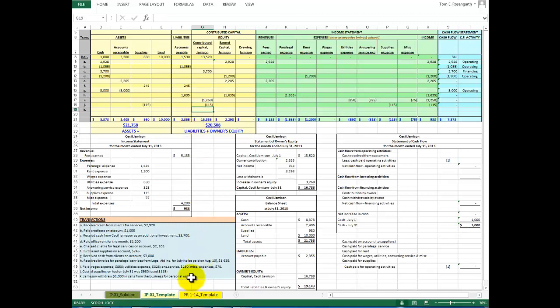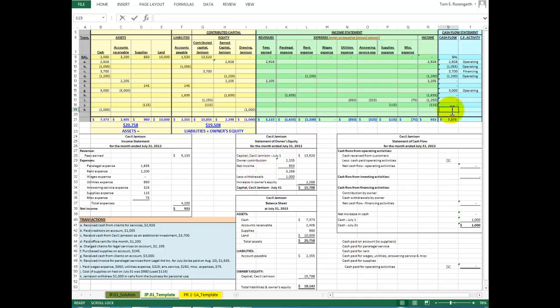And finally, at the end of the month, Cecil withdrew $1,000 in cash from the business for his personal use. So the cash decreased. In this case, Jameson would have withdrawn the money and the business didn't perform a service or receive a good, and so this is logged in as a drawing against the owner's claim on business assets.